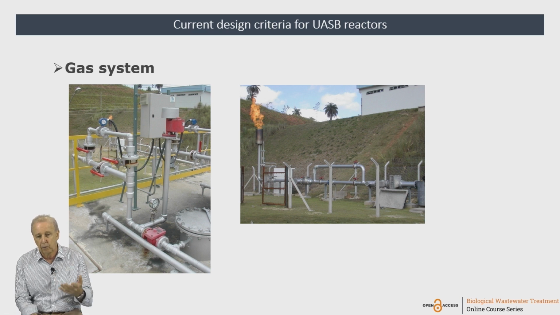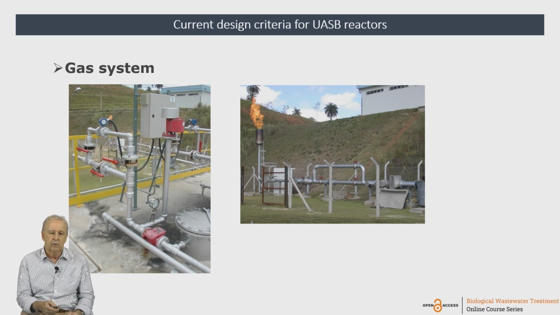Although it produces a lot of biogas, the biogas is still not being used for energy recovery. It is being evaluated nowadays, but it has been burning for a few years. This is a waste of energy, and this should be avoided.